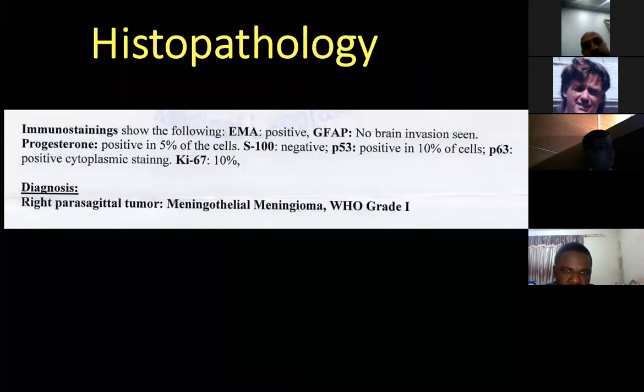So this meningioma case was WHO grade 1. There was no abnormal pattern, no necrosis except for the necrosis associated with the embolization, no brain invasion, or any of the features associated with WHO grade 2 or 3.